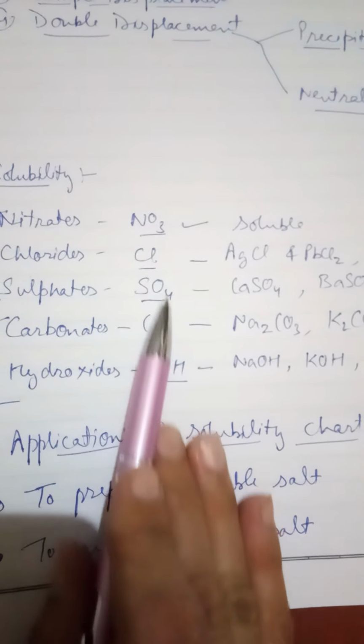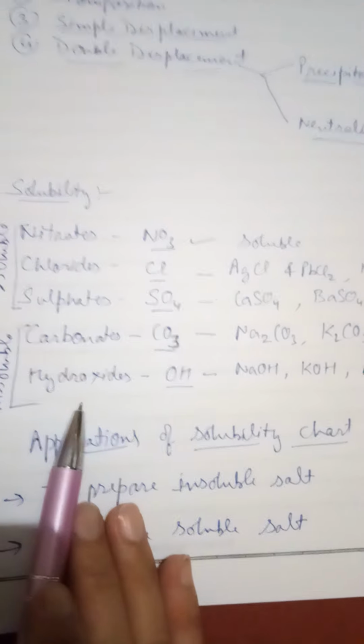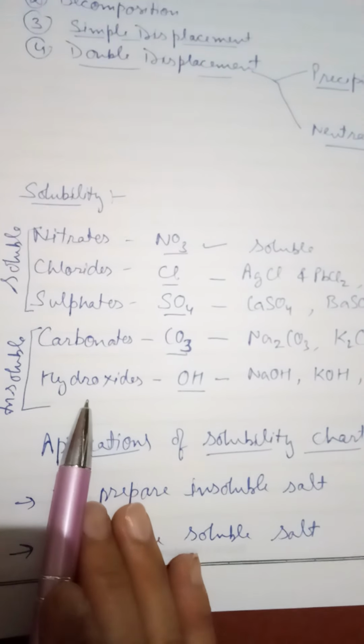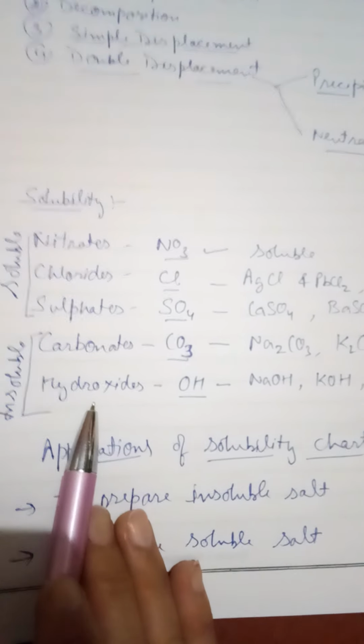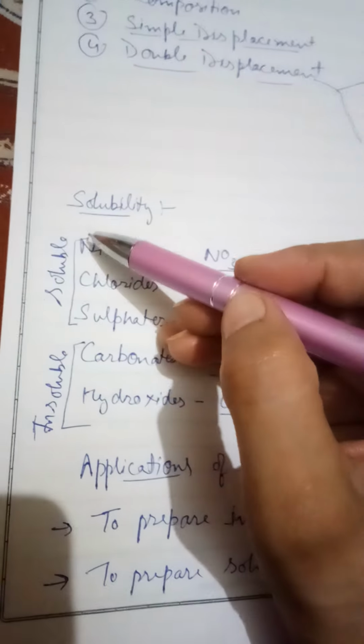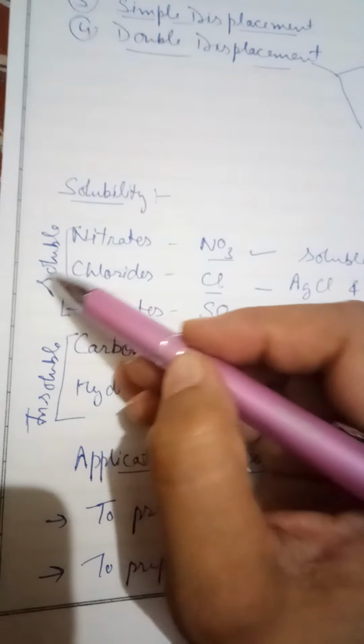If these ions are there, then we can give the compound corresponding names: chlorides, nitrate, sodium nitrate, calcium sulfate, potassium carbonate, etc. You can see here in the video, nitrates, chlorides and sulfates are generally soluble in water except some examples which are given in your PDF also.